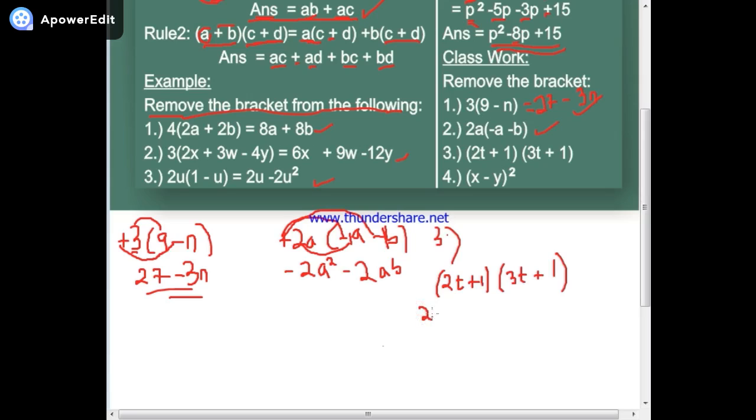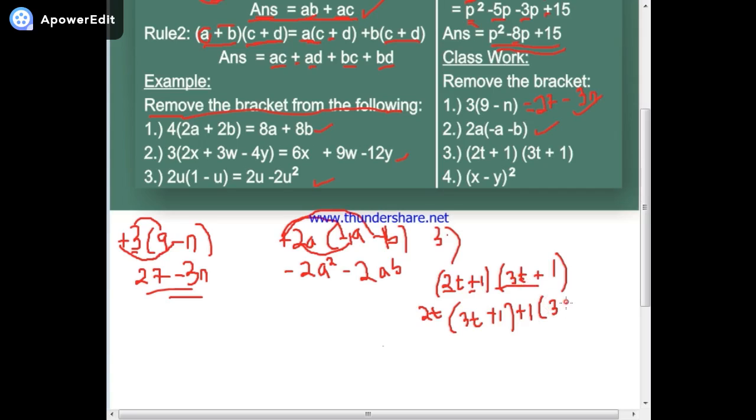So you first take this 2t, to open the second bracket here, which is 3t plus 1. And after we have taken this 2t, it will remain what? Plus 1. You now bring that plus 1 here again and use it to open the second bracket again as usual, which is 3t plus 1.